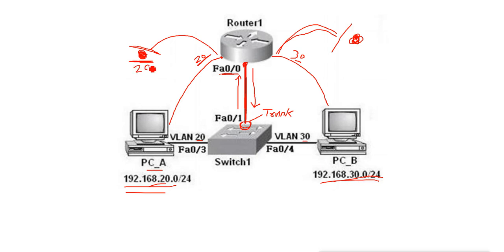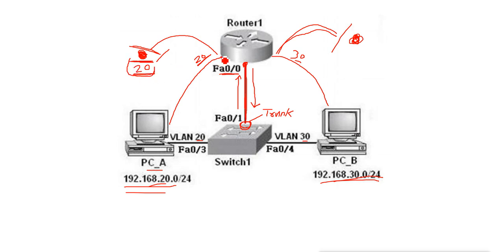This is the extra configuration we have to do on these routers. So we create the logical interface, assign the IP on that logical interface, enable the interface, and we tell the interface to tag VLAN ID 20. That means any data coming and going on this interface belongs to VLAN 20.